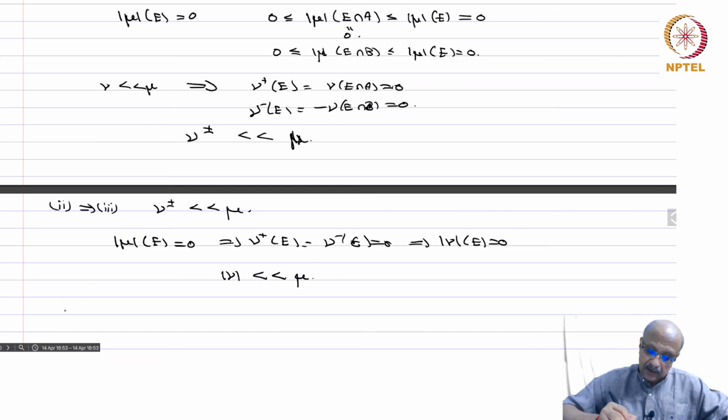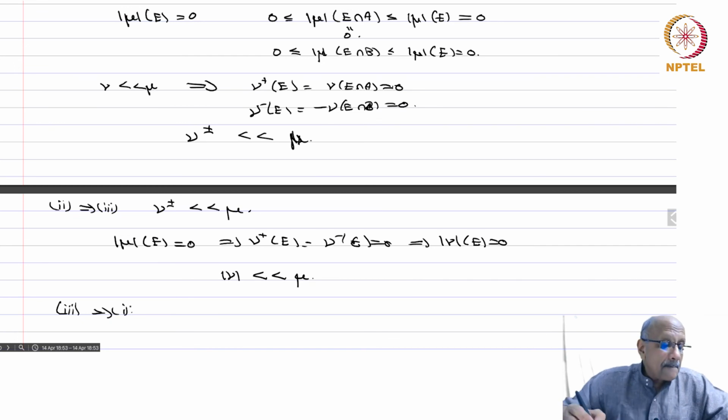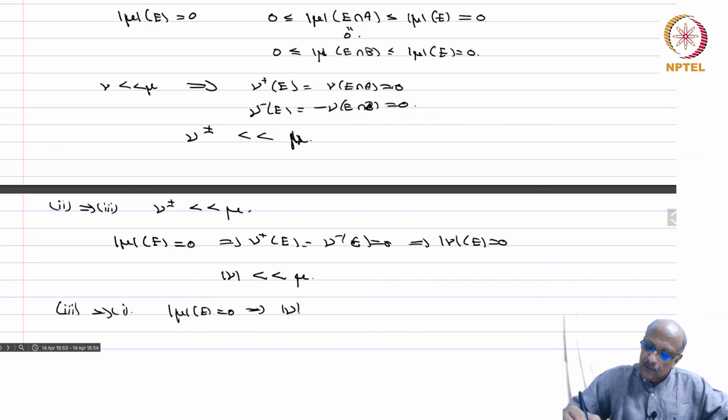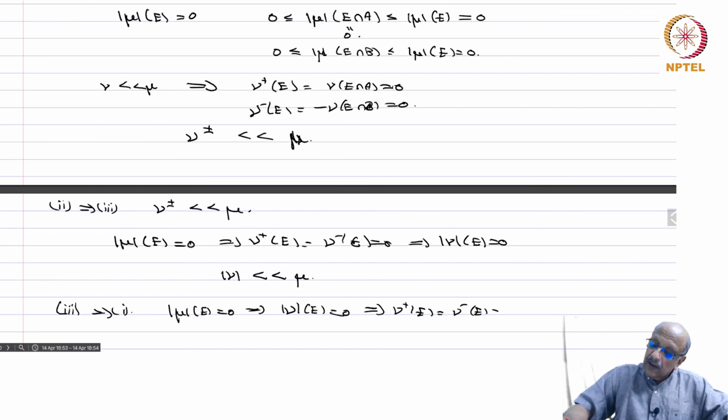And then 3 implies 1. So mod mu of E equal to 0 implies mod nu of E equal to 0, and that implies that nu plus of E equals nu minus of E equal to 0.